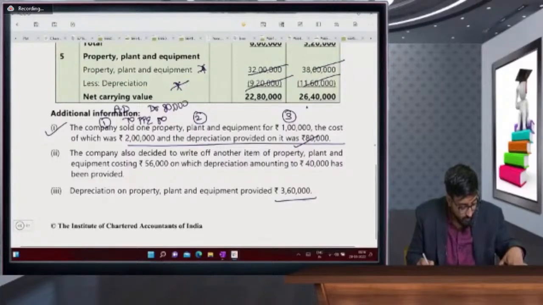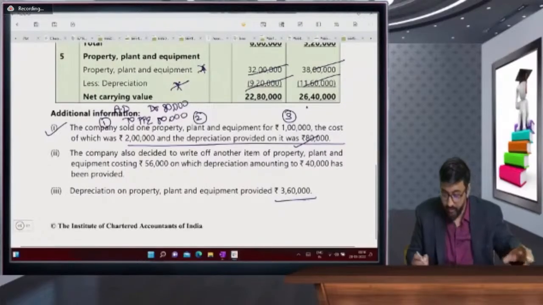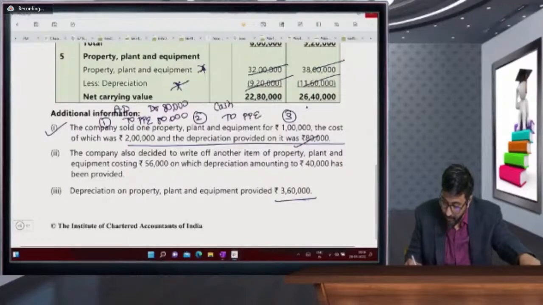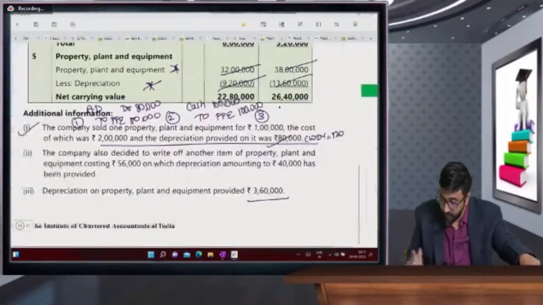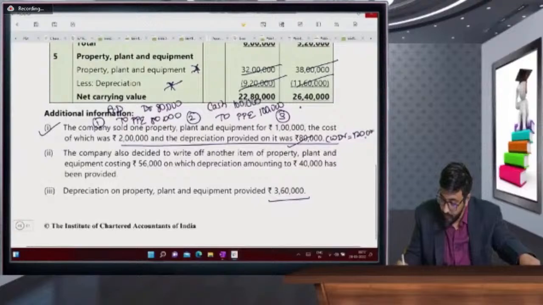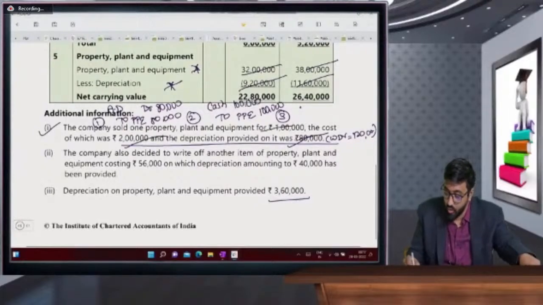No beta, many students answer wrong entry. 80,000, 80,000. Accumulated depreciation to PPE. Then we received cash account debit to PPE 1 lakh. So WDV now 1,20,000. And 1,20,000 asset is sold for 1 lakh.